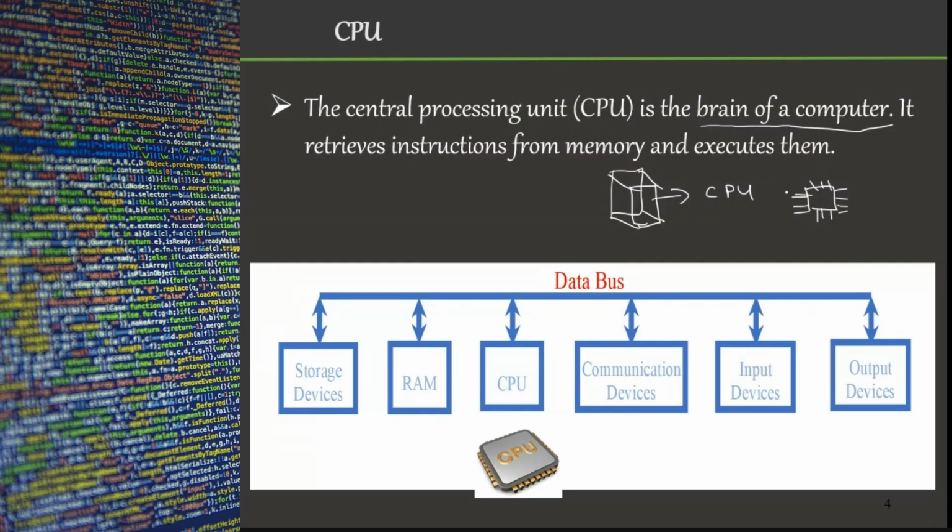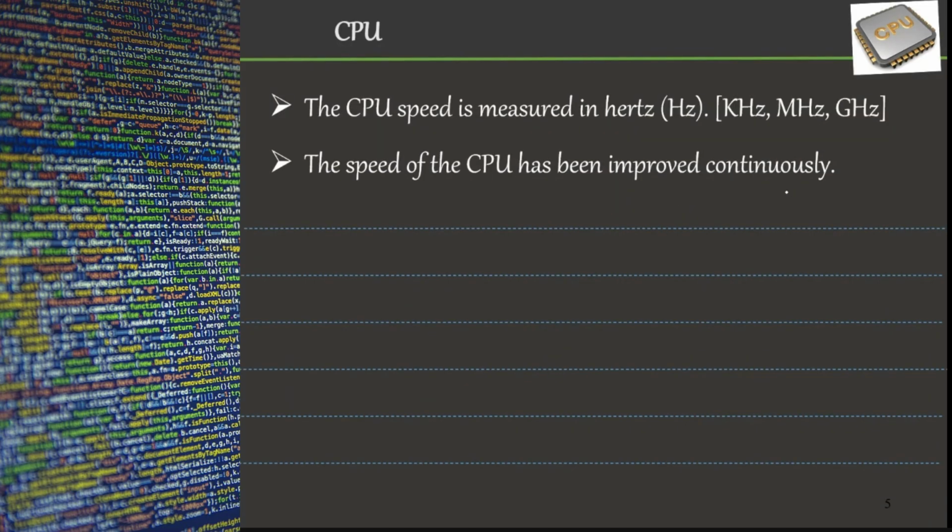One thing about the CPU is very important, and that's the speed of a CPU. When I say speed, you must be very clear what I'm talking about. The speed of a computer, and I'm talking about the speed of the CPU.